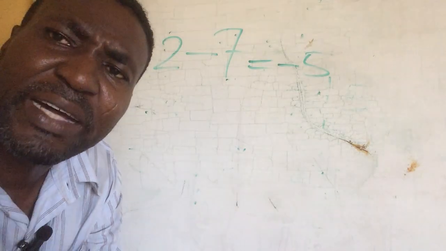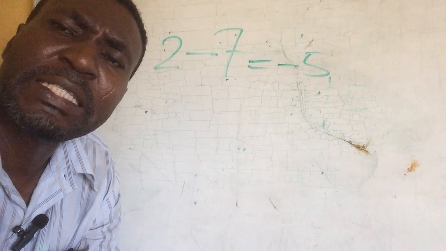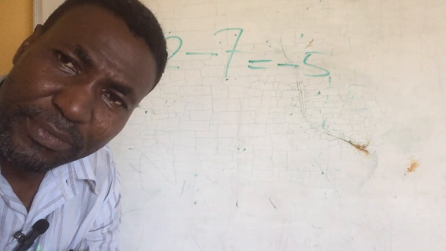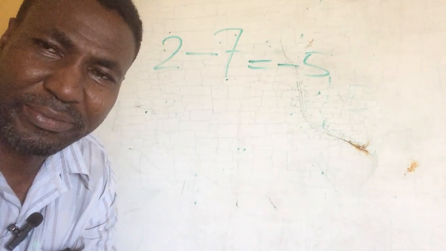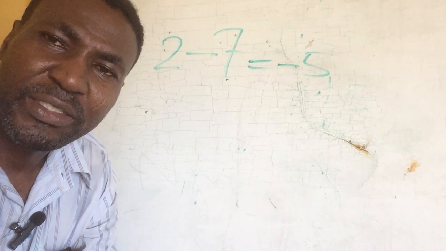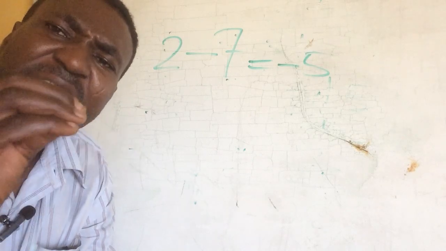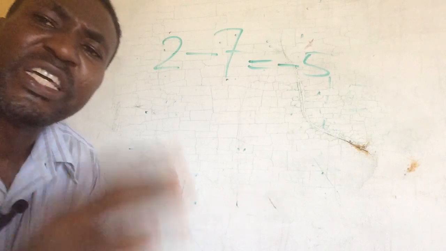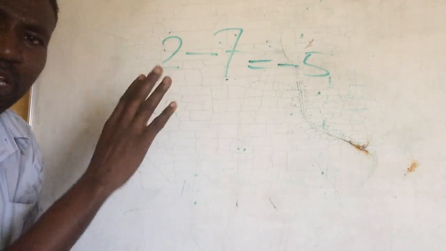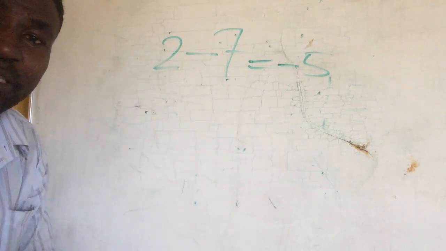So whenever you are subtracting a bigger number from a smaller number, you just take away that smaller number from that bigger number you're subtracting.